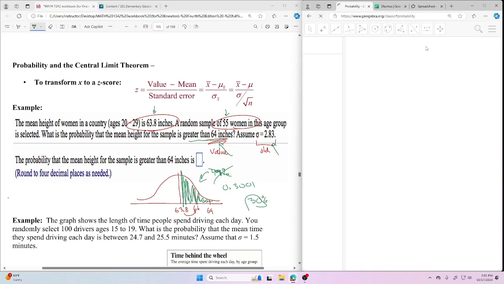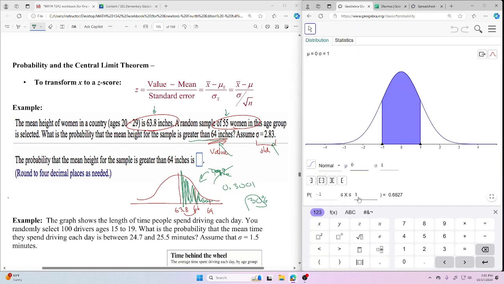Hold on. 63.8, 2.83, 64. There we go. Look, that was a lot closer. But when we have a group, it's a little different story. Cool? That's what they're trying to get at here.